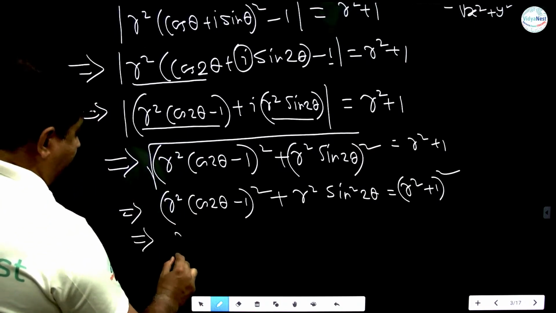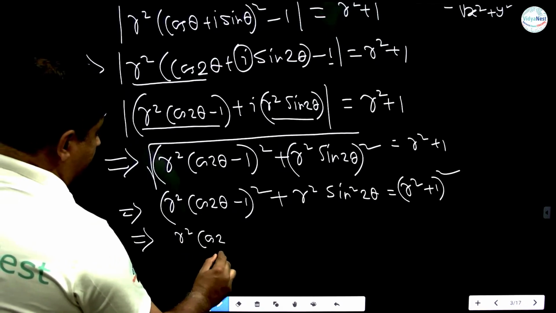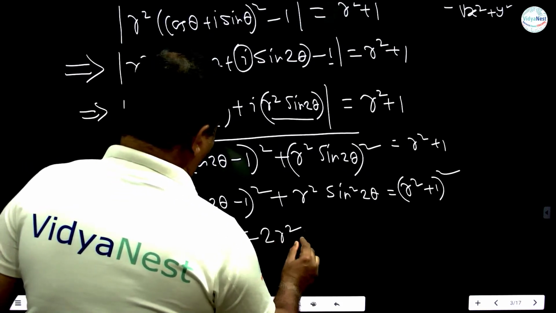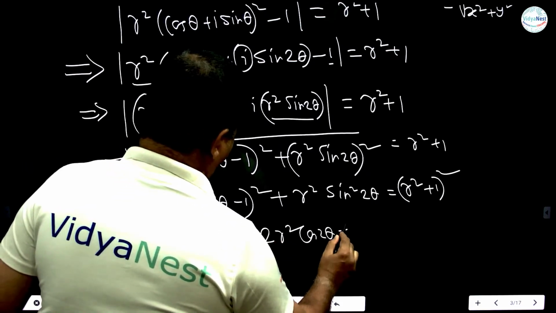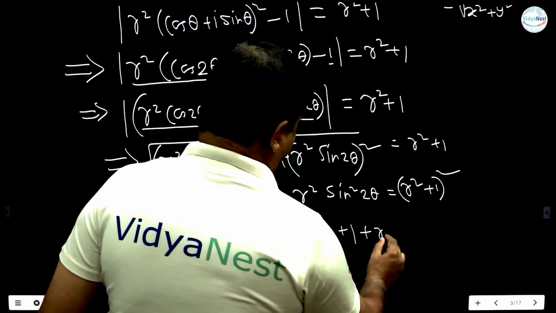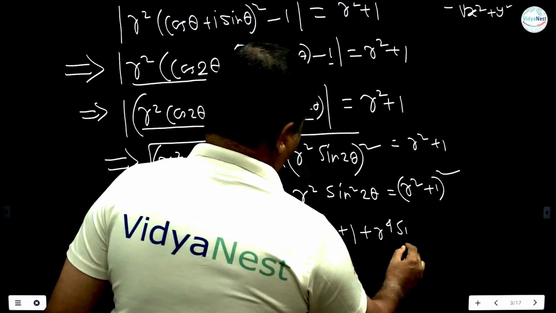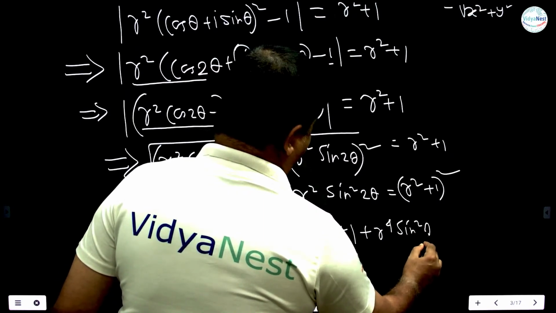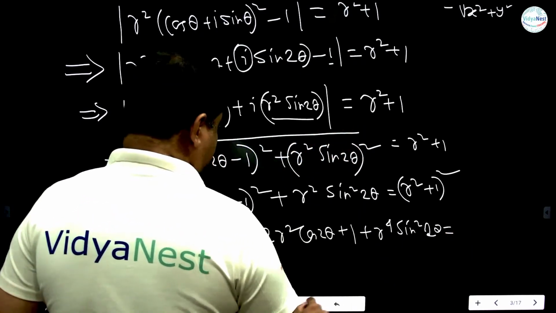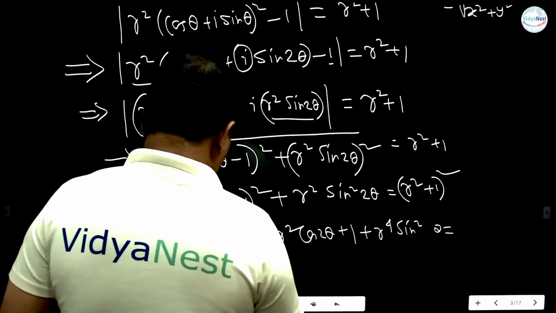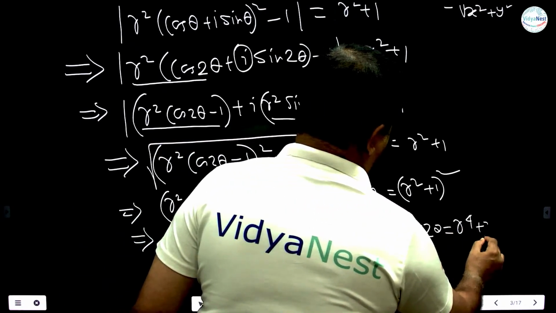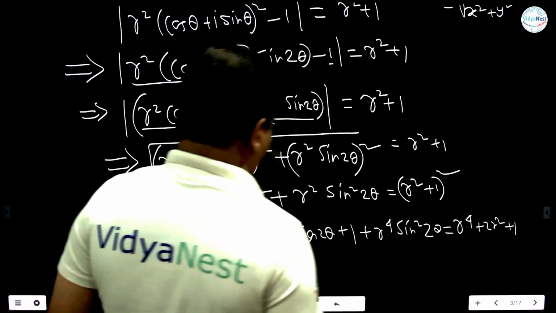See the outcome. a square minus 2ab plus b square, plus b square. Right hand side also following the same. r to the power 4 plus 2r square plus 1.